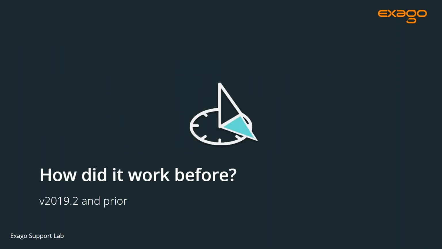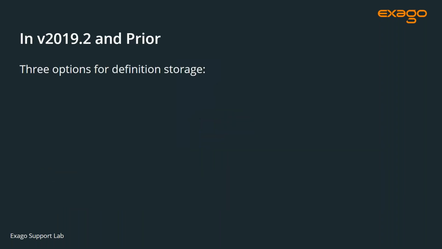Awesome. So speaking of migration, let's talk about how things worked before. How were reports and content saved and stored previously? Exago provided three options. Our default system was to use the file system, to save report definitions as WR files or WRT files or WRD files on the file system in a report path.